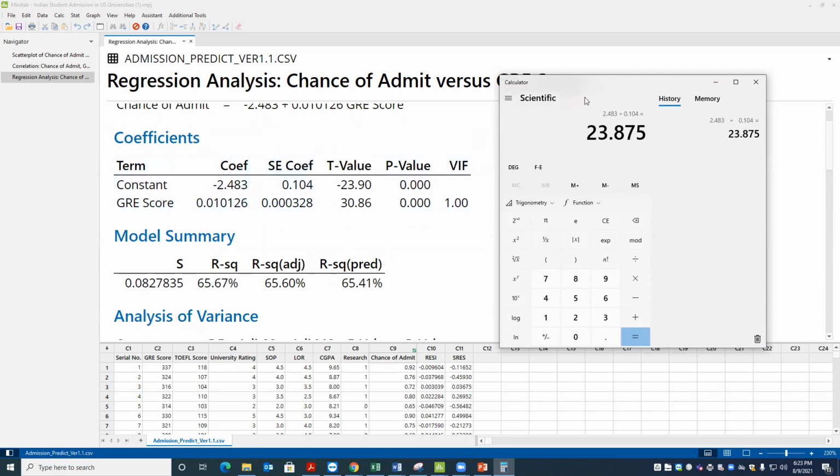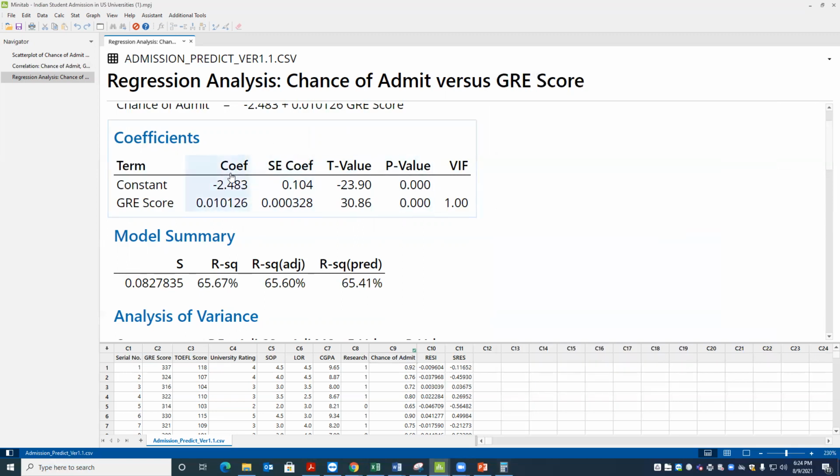So this is the relationship: coefficient divided by standard error of coefficient equals t-value. I did not put the negative sign, but you can, if I have negative 2.483 divided by 0.104, and you can get this t-value. So you can understand the relationship, this divided by this equals this.